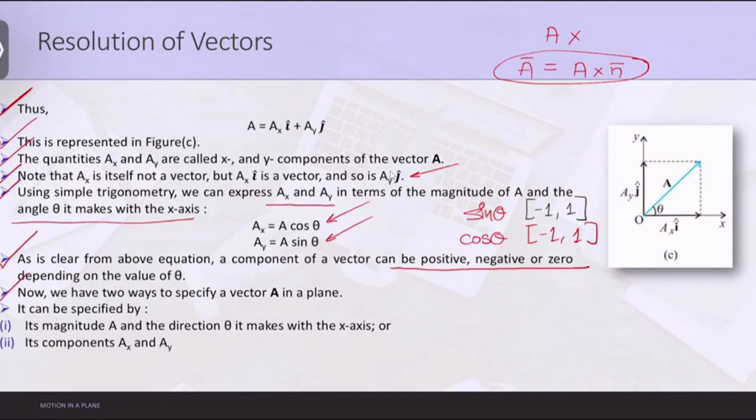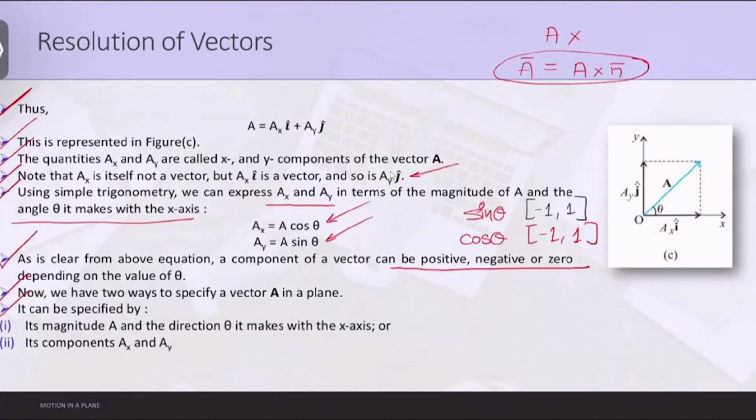Next, there are two ways to specify a vector in a plane. The first is by using its magnitude and the direction it makes with the x-axis, and the second is by AX and AY. The first way is that this is vector A, and it is at an angle with the x-axis.